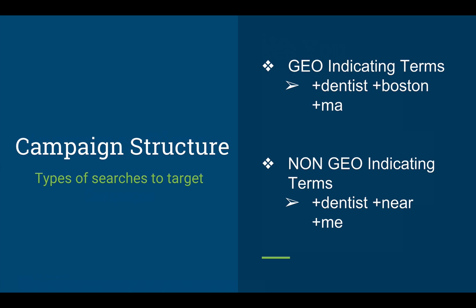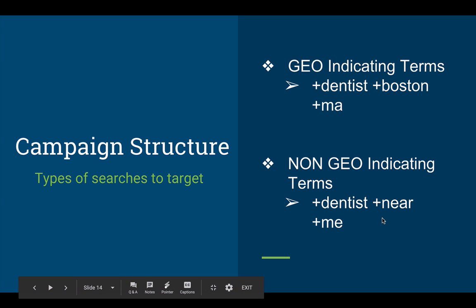Okay, so let's talk about structuring your campaign. There's searches that people make that contain the geography that they're looking for, like we saw before, "dentist, Boston, Massachusetts." So we can target these with keywords with specific geo terms in them. But there's also searches that people are going to make that are near your dentist's office who don't actually contain any sort of geo modifier in there.